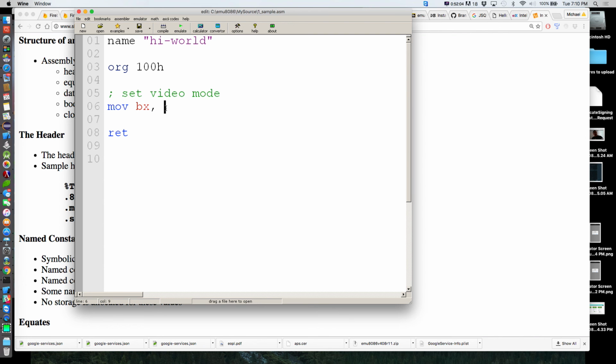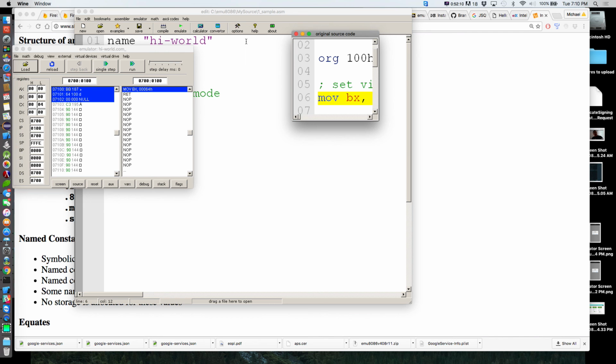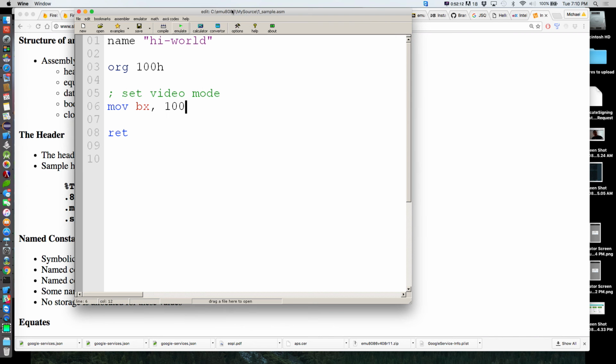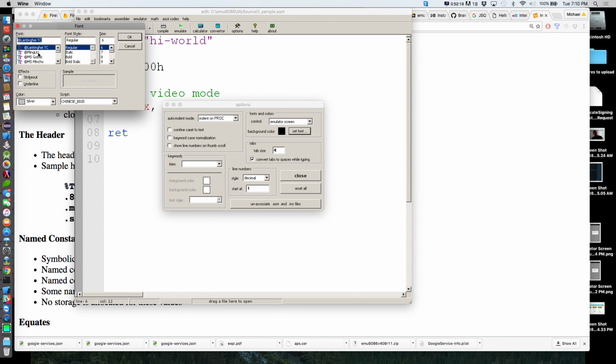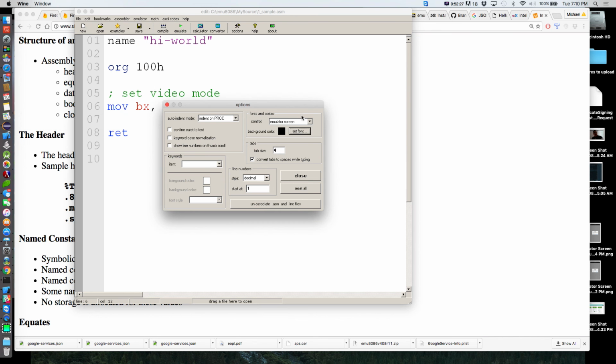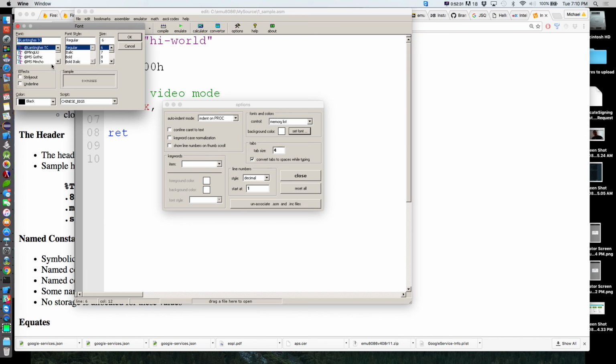All right. So for instance, if I move into BX100 and then I emulate this, it shows me. Actually, I could change the font of this too. While we're at it, let's just do everything. Emulator screen, set font. Memory list.